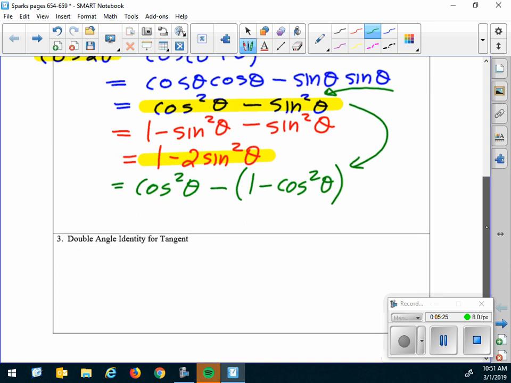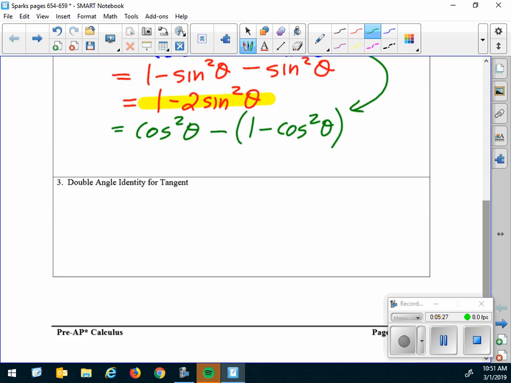Now, if I distribute that -1, I'm going to go over here and write this so that I can save some room. That's going to be cosine squared theta minus 1 plus cosine squared theta. What do you get? Simplify, combine like terms. Yep, and we're going to just write it like this: 2 cosine squared theta minus 1.